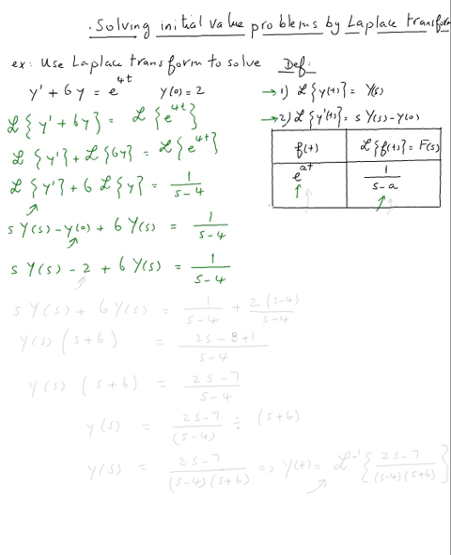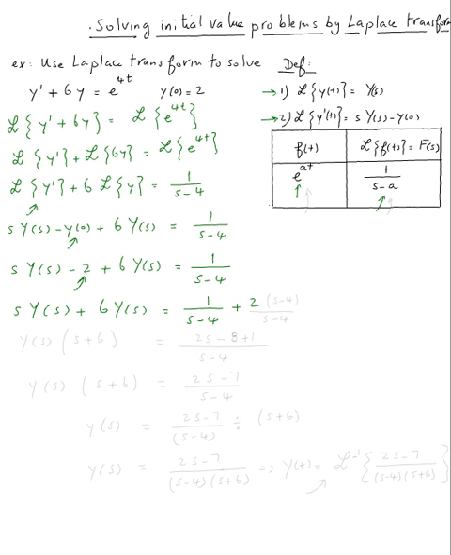Now remember, we're looking for y of s, so we're going to keep all the terms that have y of s on the left side and move everything else to the right side. So all we need to move is the negative 2. So s y of s plus 6y of s is equal to 1 over s minus 4 plus 2.